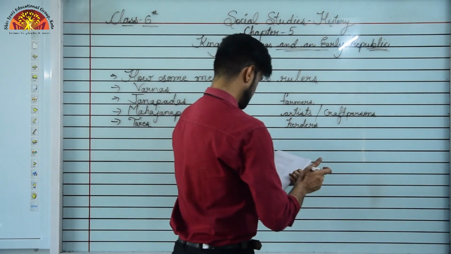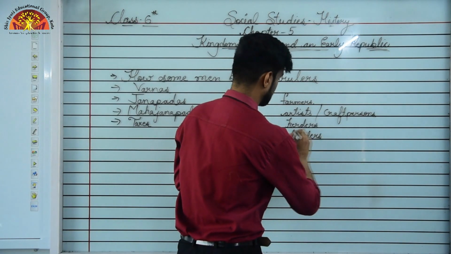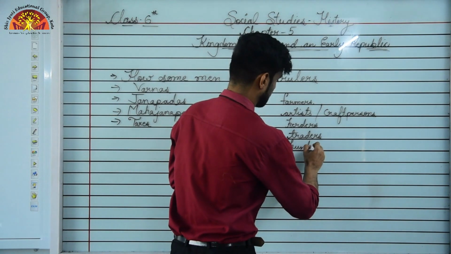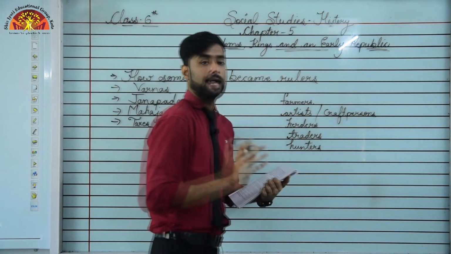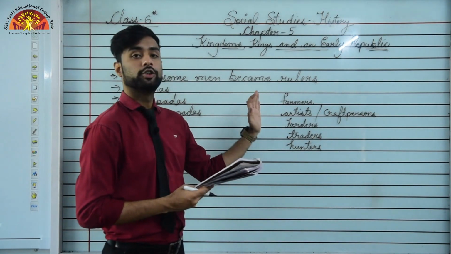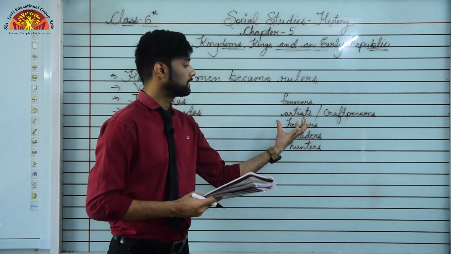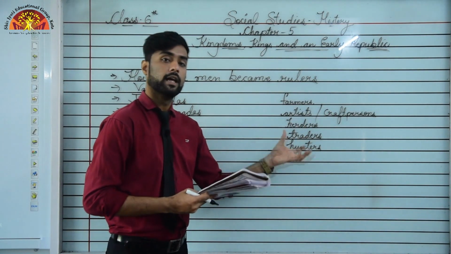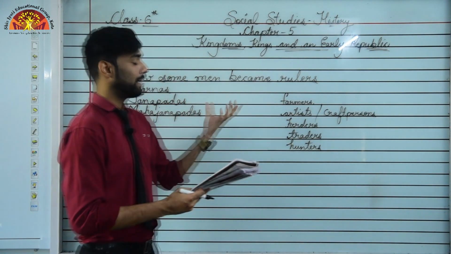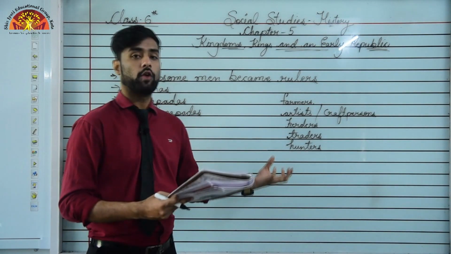Then we have traders and hunters, right? So the king has imposed taxes which are compulsory, that all people should give something to the king. Farmers, craft persons, herders, traders, hunter gatherers, they all were supposed to give something to the king in the form of taxes, so that the king can maintain an army, can build huge walls.